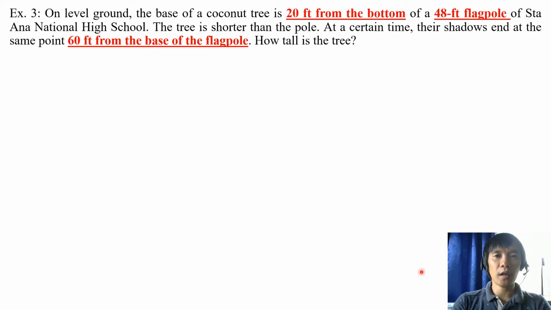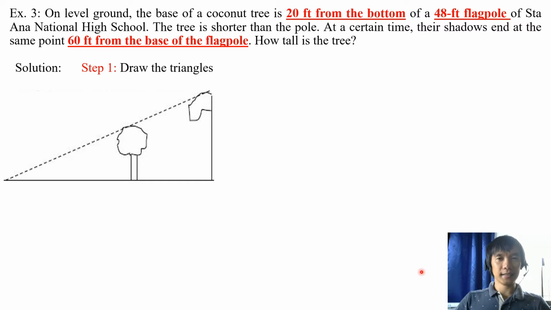The first thing we are going to do in solving this problem is draw our triangle. And our triangle will look like this. This is our tree and this is our pole. Take note of our clues. From the bottom of the tree to the pole, that is 20 feet.